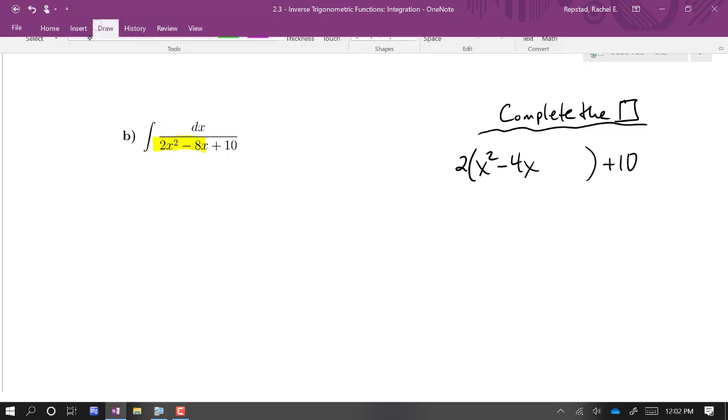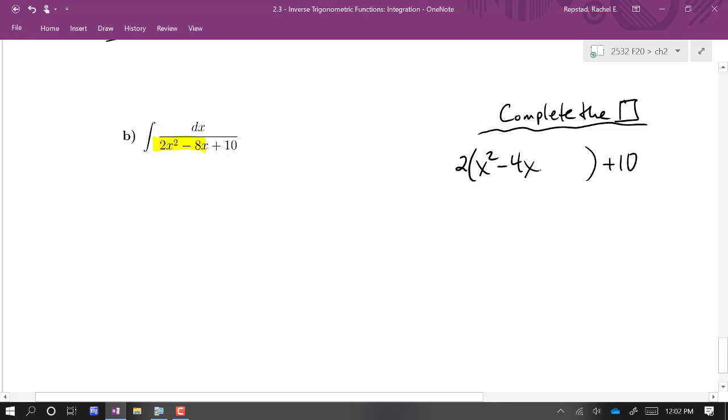So I'm going to complete the square on the stuff in the parentheses. I'm going to add the square of negative 2. And of course I don't have an equation, I have an expression, and I need to subtract that too. But what we have to realize is that I did not just add the square of negative 2 to this expression. That is sitting inside parentheses being multiplied by 2.